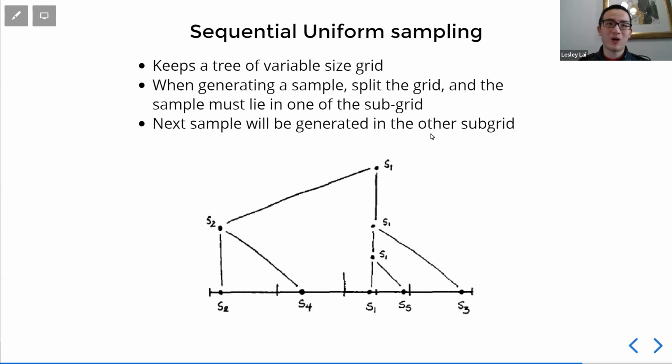Basically you need to keep all your previous samples in a tree. Then when we generate a sample, we split the grid, and the old sample will be in one side of the subgrid, and the next sample will be generated on the other subgrid. And then we just do this recursively.